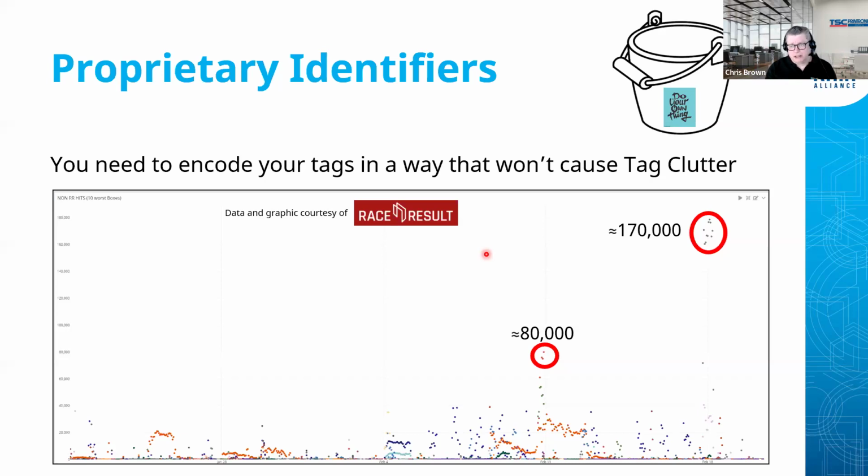If you don't think tag clutter is a problem, this difficult to read graph we have here, this is from a company called Race Result. They are a RAIN member, and they did a study. So they time races using RAIN RFID technology. Races like marathons, 10Ks, snowmobile races, I don't know, but all kinds of races like that.